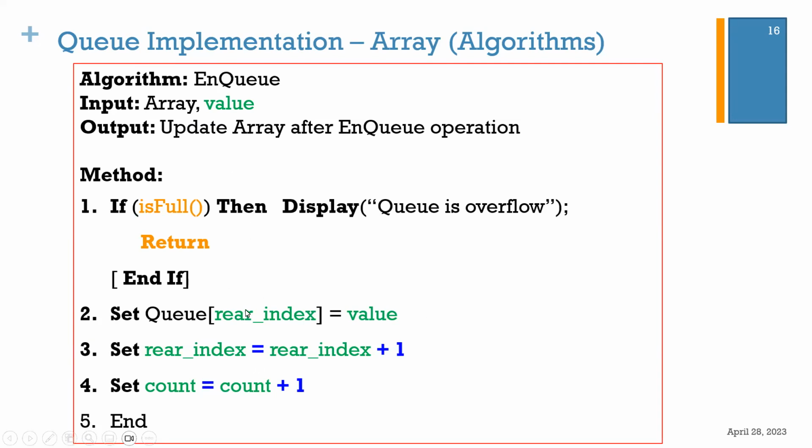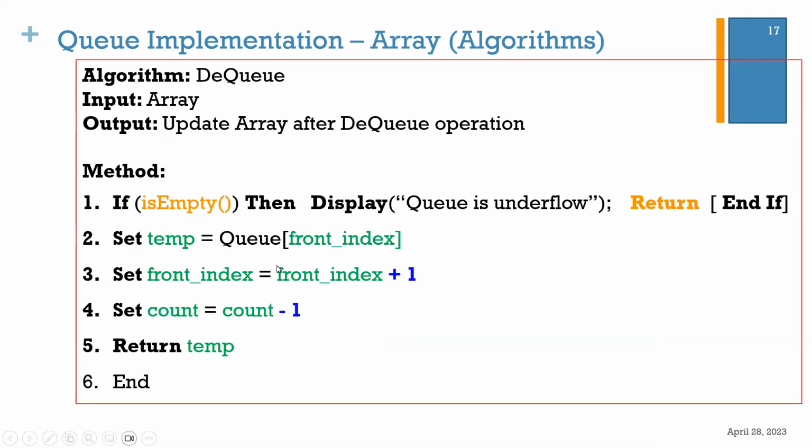Next to that, we have to increment the rear index to become rear index plus 1, and then increment count equal count plus 1. So the index will point to the next position where we add to the queue, but count means the number of actual elements in the queue.